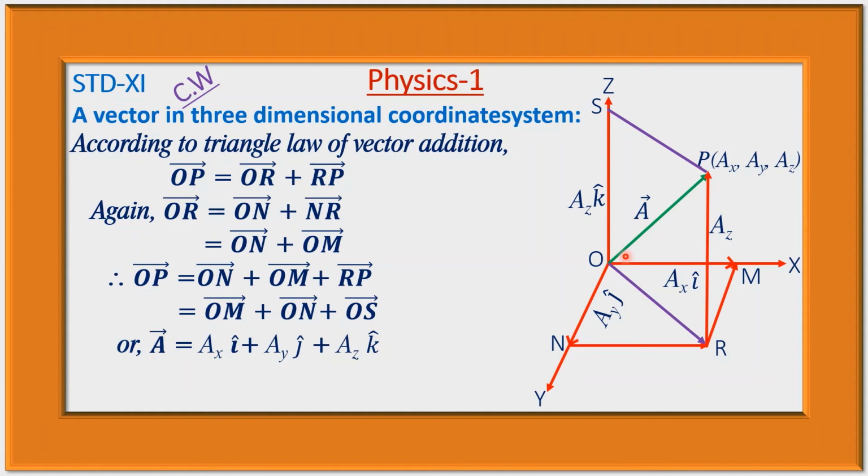Here we know OM vector is AXi, ON vector is AYj and OS vector is AZk. So this is the representation of the A vector in the three-dimensional coordinate system, that is A vector is equal to AXi plus AYj plus AZk. Here AX is the X component of the A vector, AY is the Y component and AZ is the Z component.